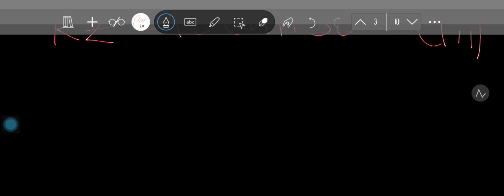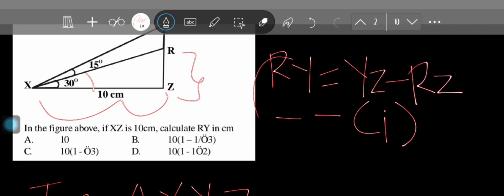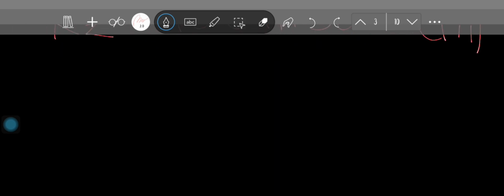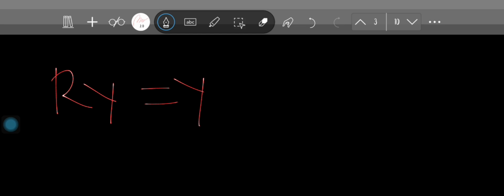Now we'll go back to equation 1, that ry equals yz minus rz. So from equation 1, we have that ry equals yz minus rz.